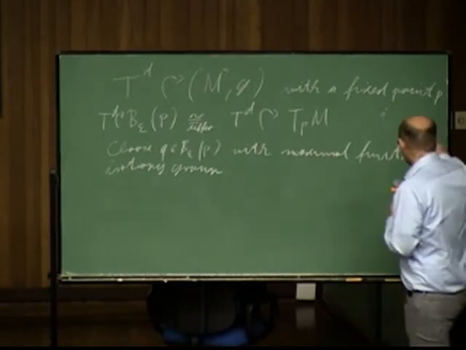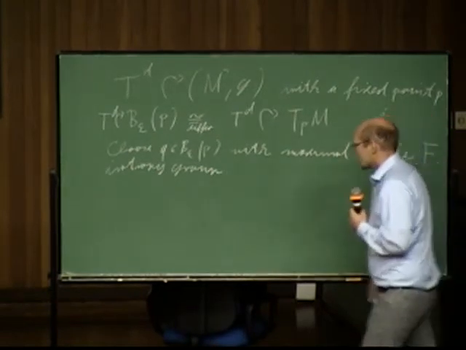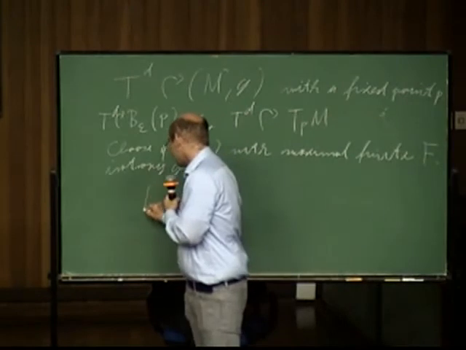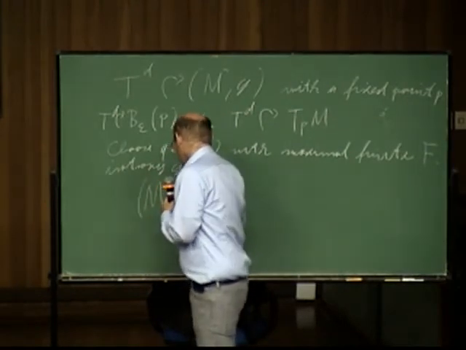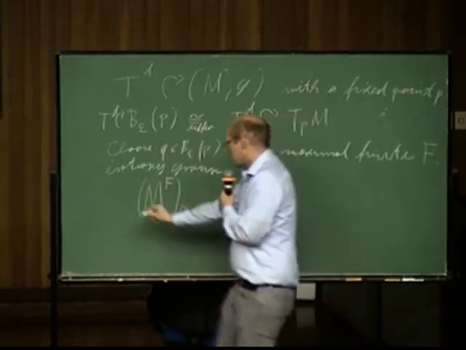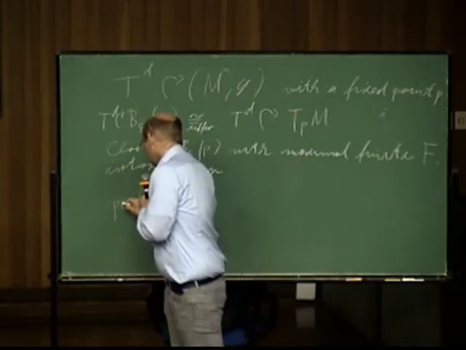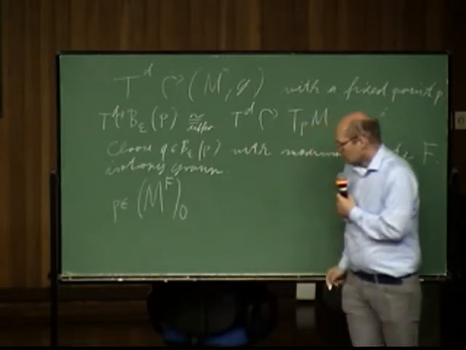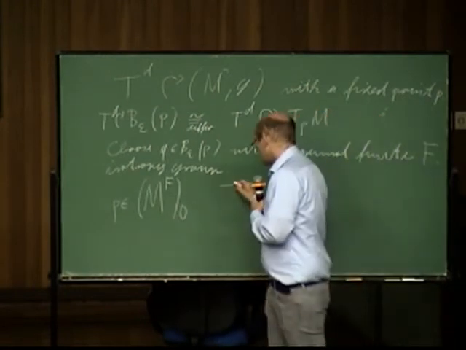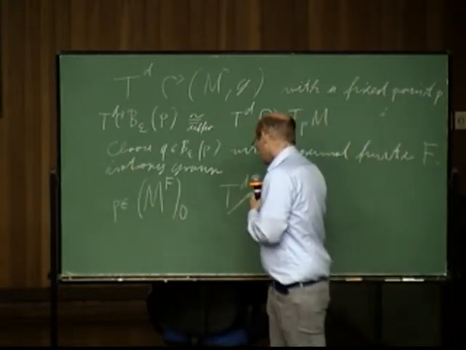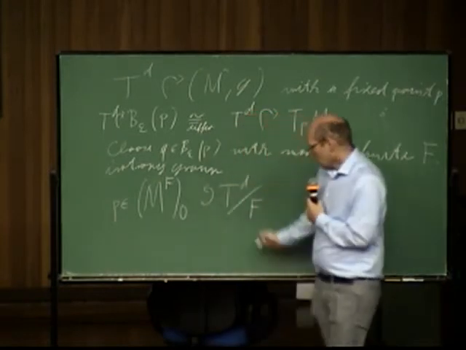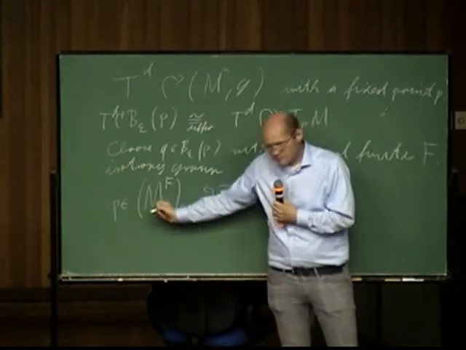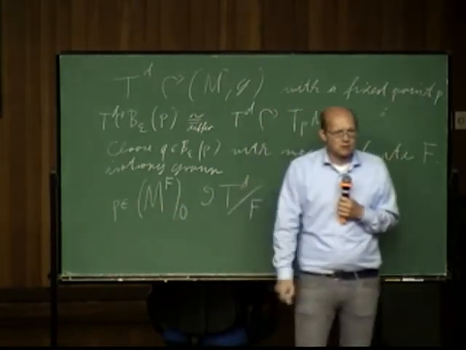So take the maximal finite isotropy group, and look at the fixed point set of it, the fixed point component containing this point. Here you will have an action of a torus, and in the neighborhood of this fixed point there will be no finite isotropy group anymore.